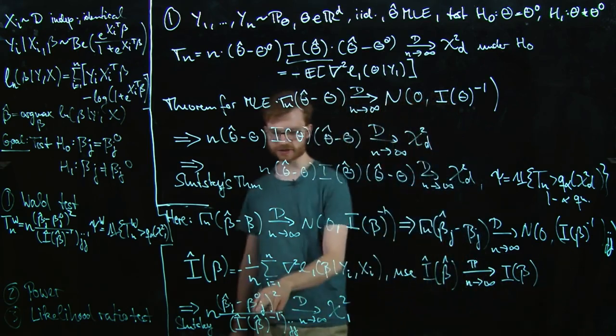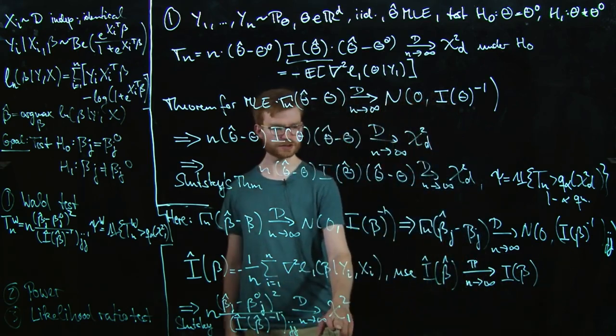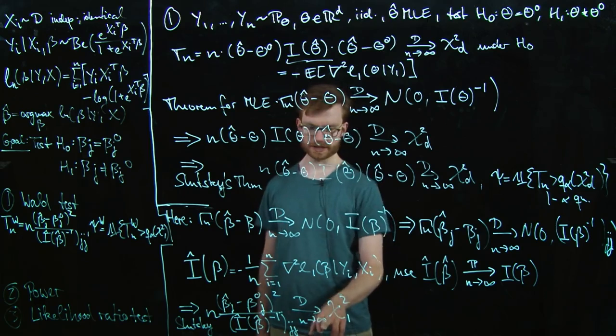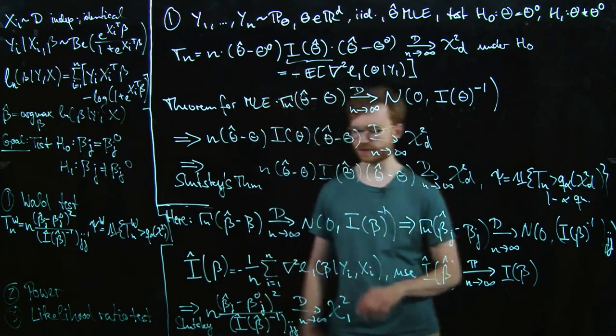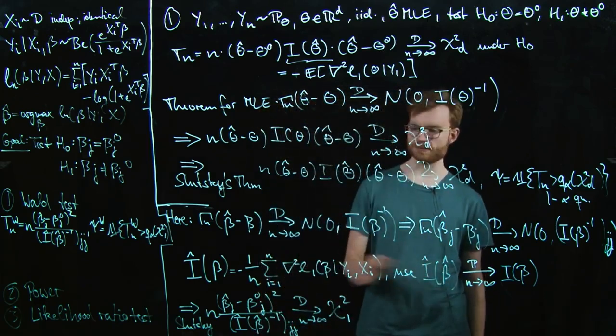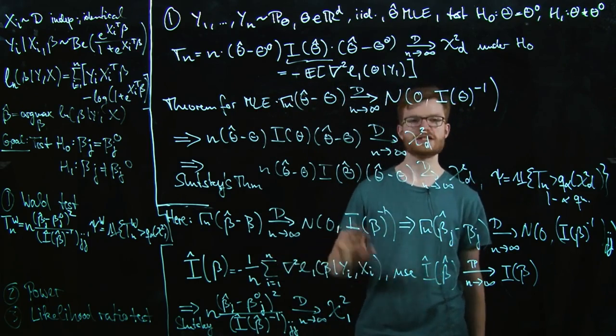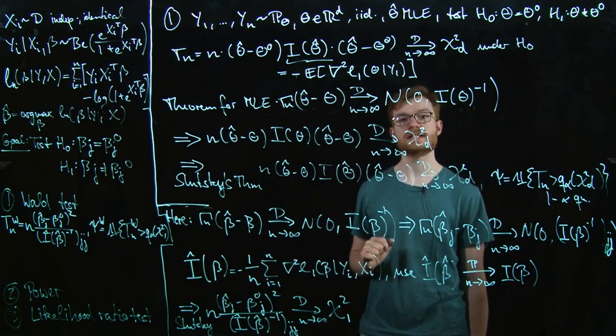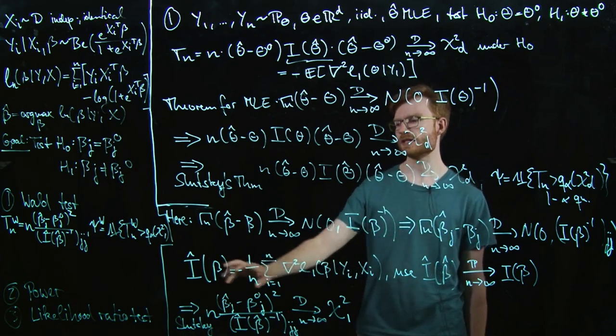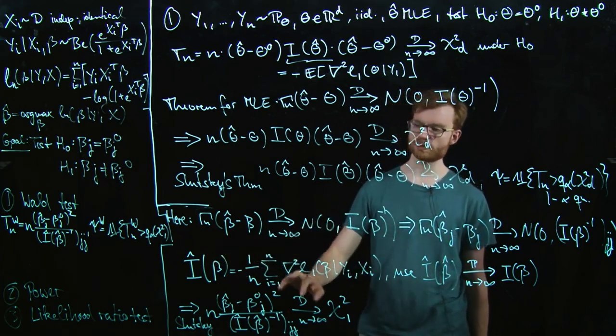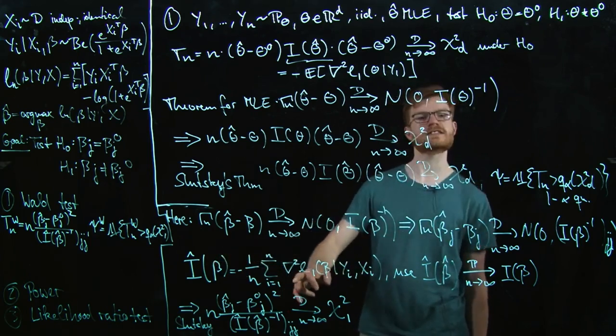Then I standardize by something, and I get a chi-squared distribution by Slutsky. Then I have nuisance parameters that I'm getting rid of via a plug-in estimator, and I'm glossing over some of the details of why this plug-in estimator is actually consistent. And now I just want to spend a little bit more time on the board thinking about what this plug-in estimator looks like.